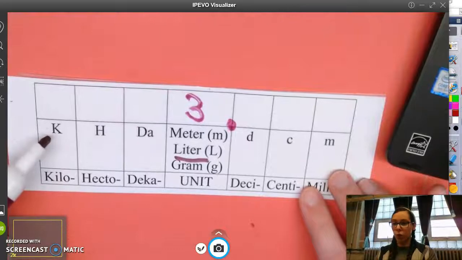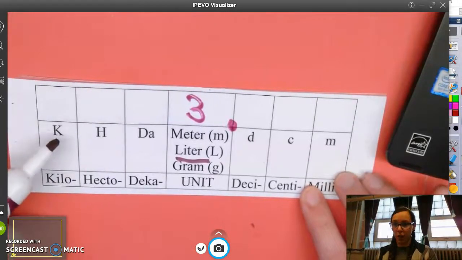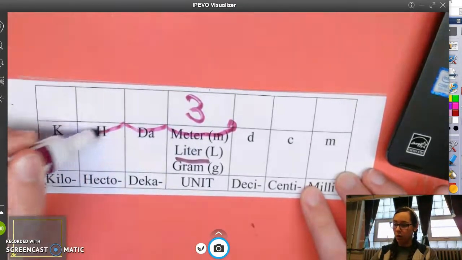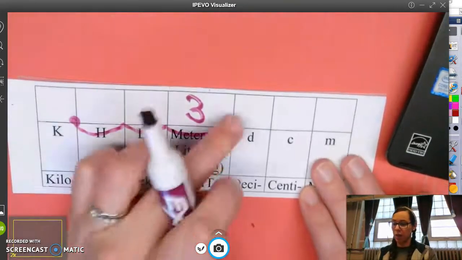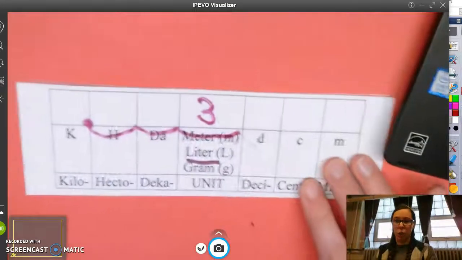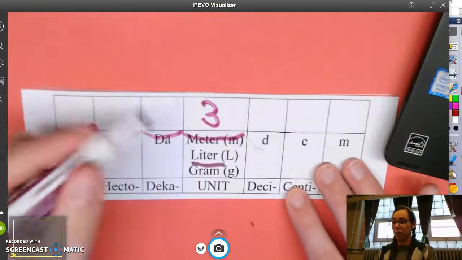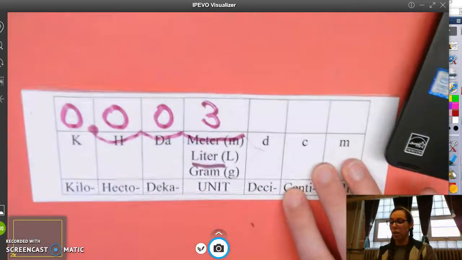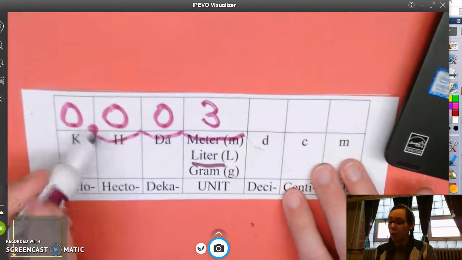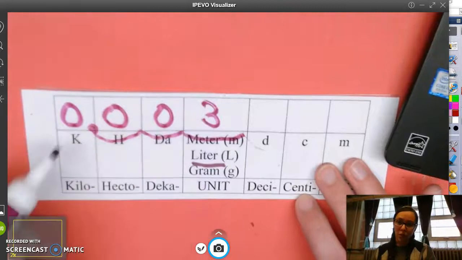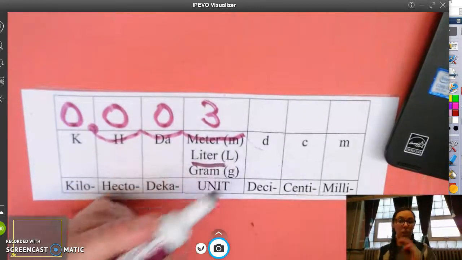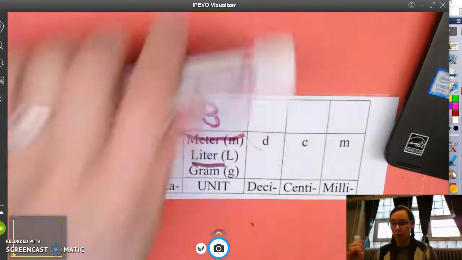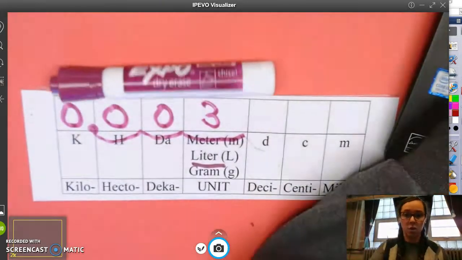And I'm going all the way to kiloliter over here. 1, 2, 3 times. There's my new decimal point, and I've got some empty boxes here. Fill in those boxes with zeros. So it'll be 3 thousandths kiloliters makes 3 liters. Okay? Let's put this example in our notes as well.